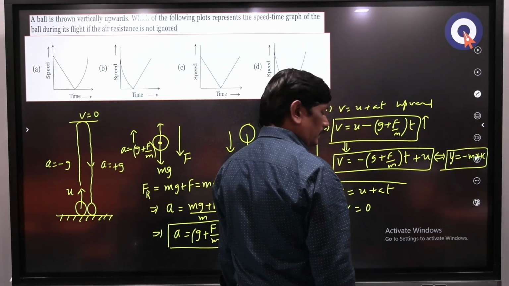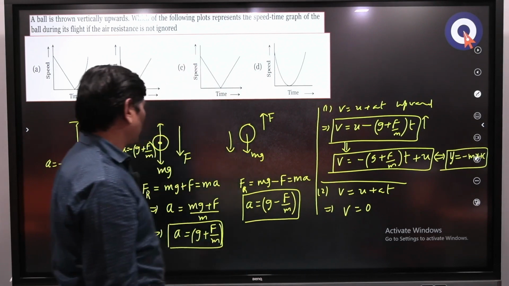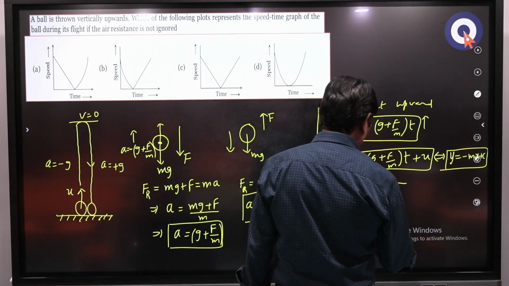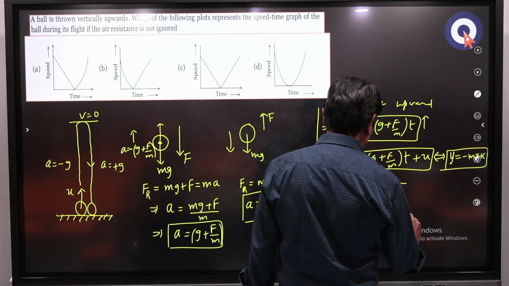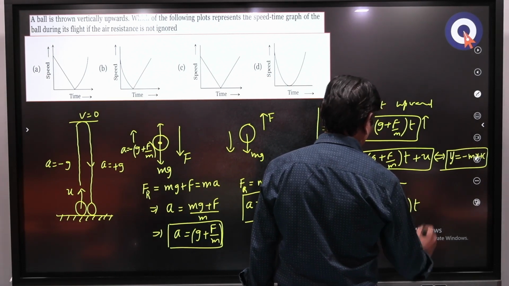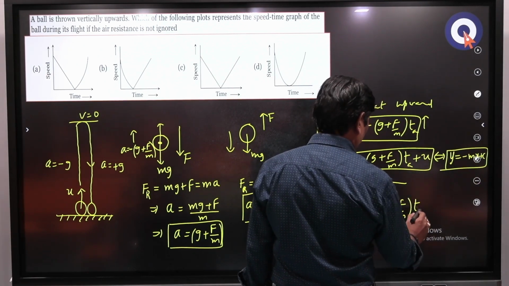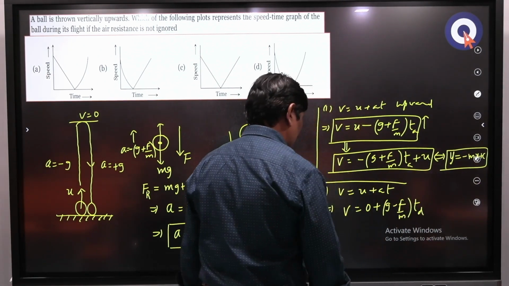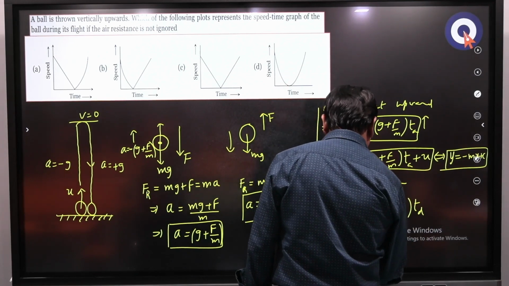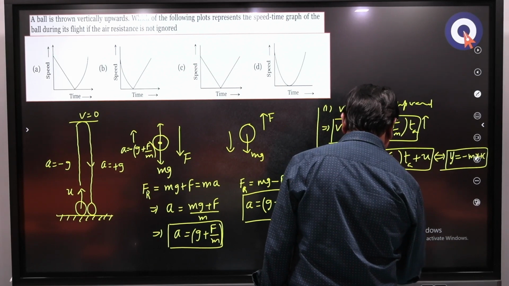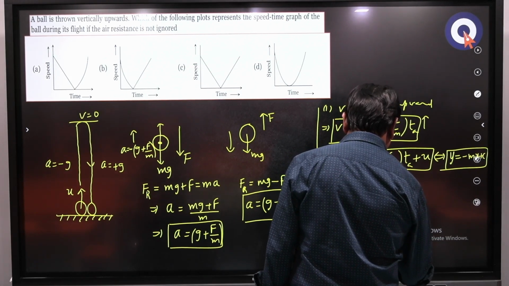For the downward journey, initial velocity is 0. And what about the acceleration for the downward journey? G minus F divided by M into T. Here I write this is the time of ascent, and this will be the time of descent. What equation are you getting? V is equal to G minus F by M into time of descent.